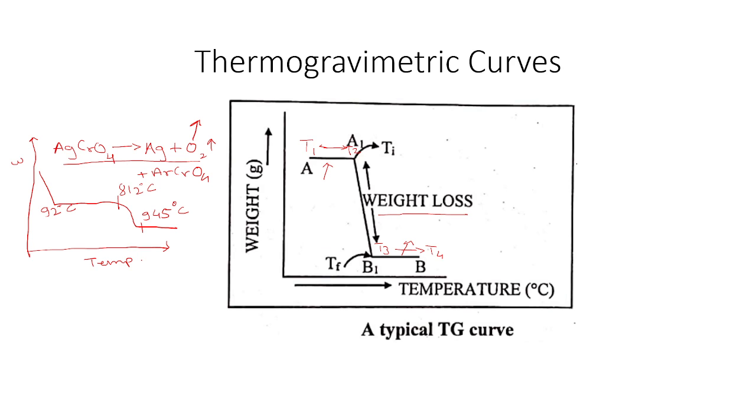That is very important. This is actually the output of TGA analysis, because you have to interpret this information so that you will understand the quantity as well as quality of the substance, or the chemical changes which are taking place at different temperatures.